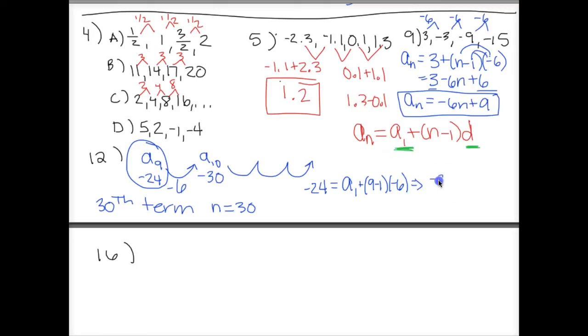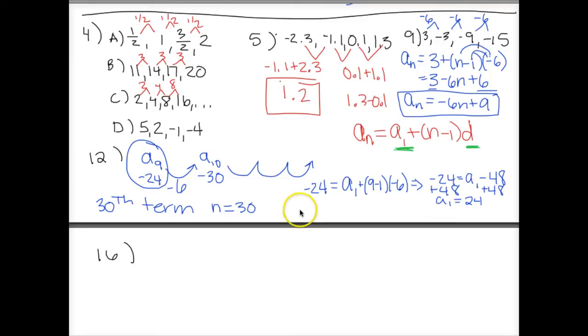So that gives me negative 24 equals a sub 1, and then minus, because this is going to be 8 times negative 6, so negative 48. So I add 48 to both sides. That tells me that my first term was positive 24.